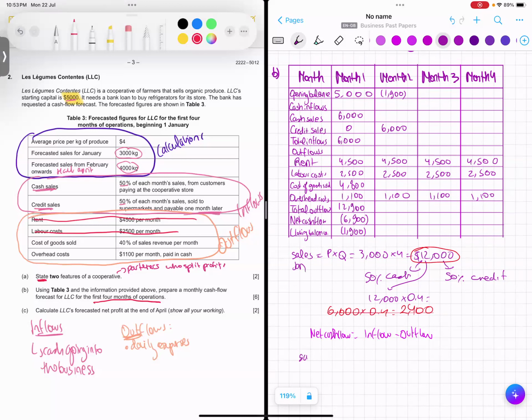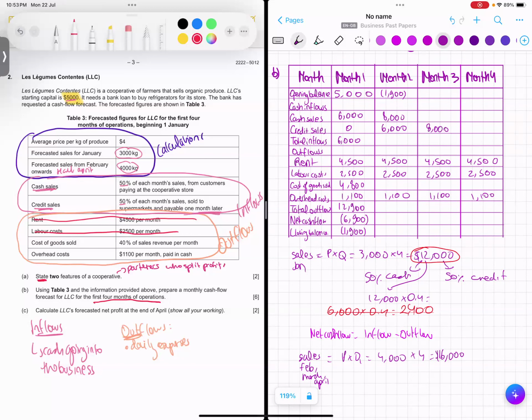Now for our cash sales, that's for Jan. Sales for Feb, March, April is P times Q, 4,000 times 4, which in this case is 16,000. So here we have 8,000, and here we have 8,000.